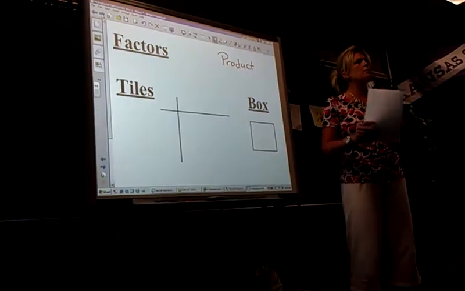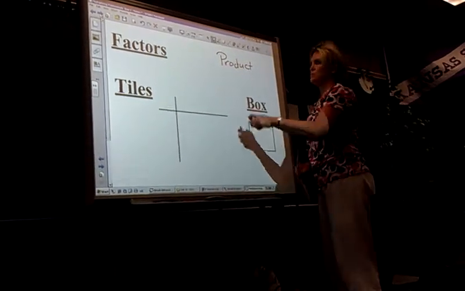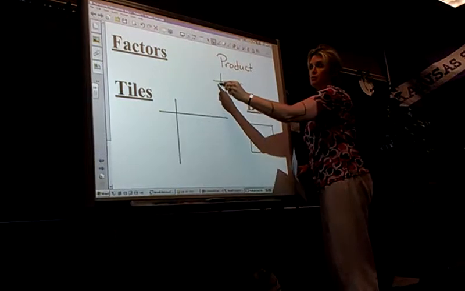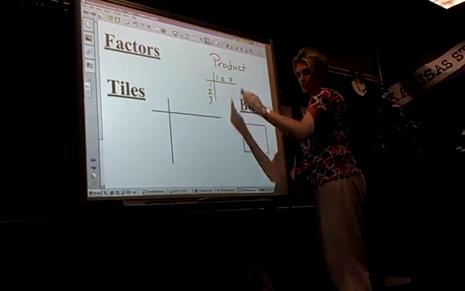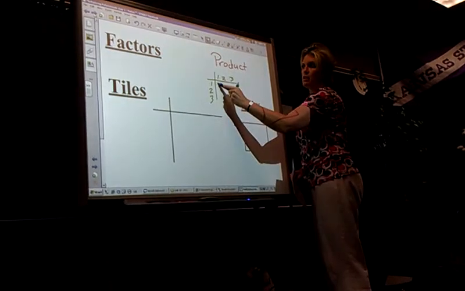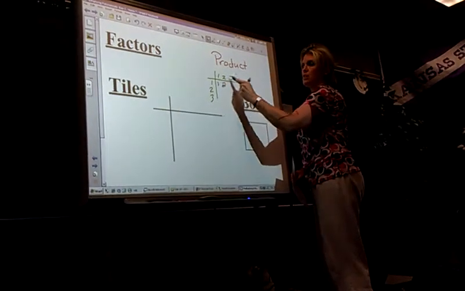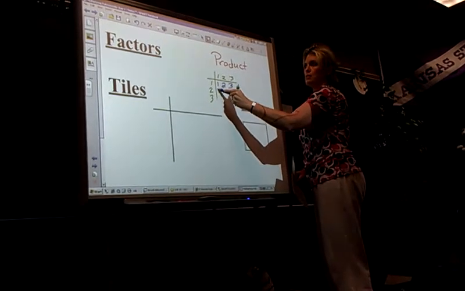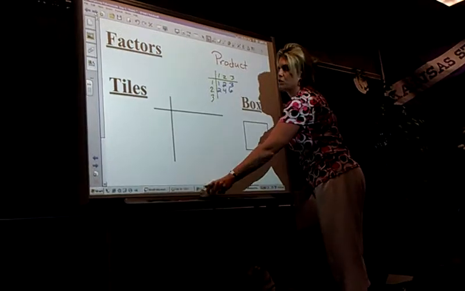Remember the multiplication charts you used to have, with a factor frame and 1, 1, 2, 2, 3, 3 like this? You would say 1 times 1 is 1, 1 times 2 is 2, 1 times 3 is 3. Do you remember doing this? 2, 4, 6. It's going to be the same type of thing.